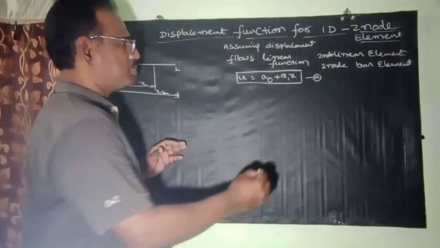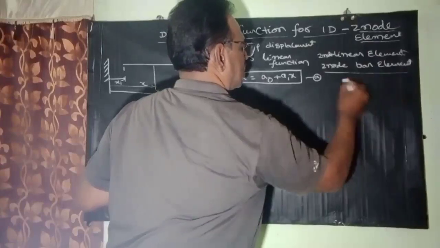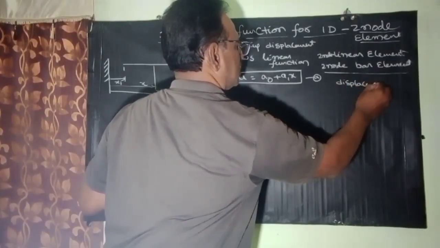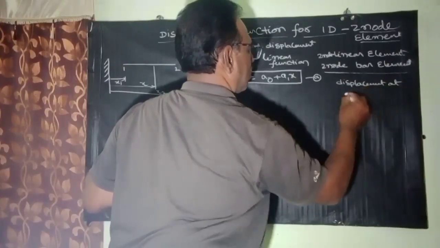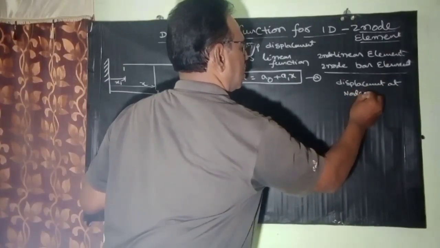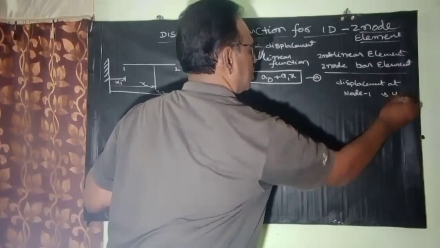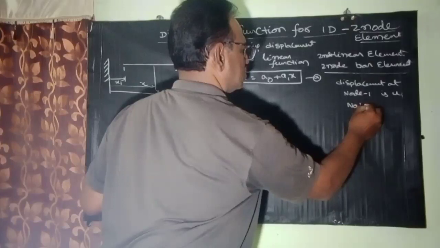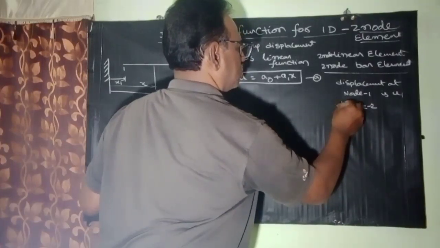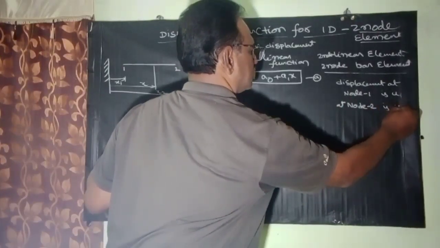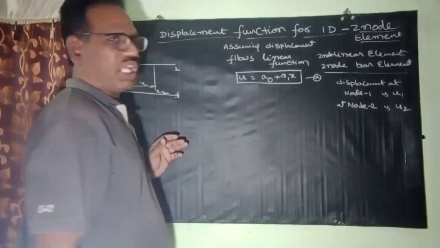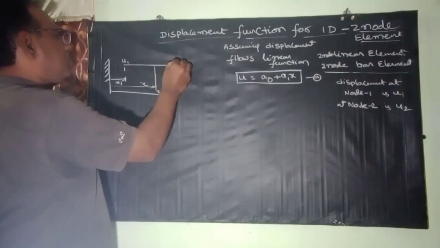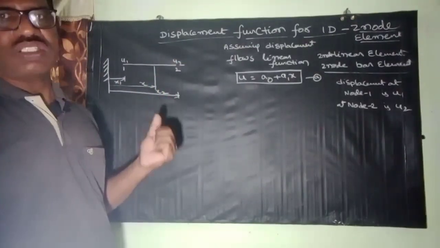Suppose the displacement at node 1 is u1, and the displacement at node 2 is u2. u1 and u2 are the nodal displacements.